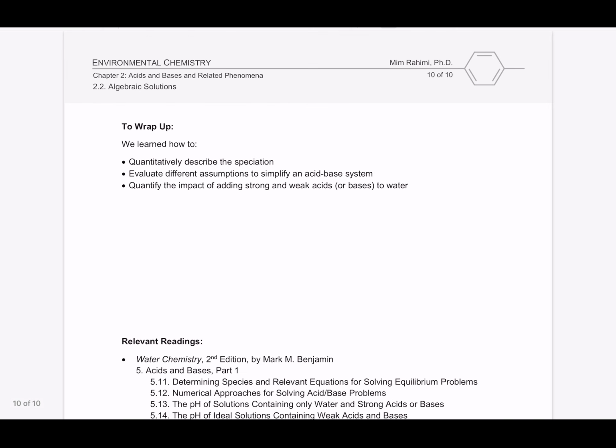To wrap up what we talked about, I think it was pretty straightforward in terms of the logic we pursue. We talked about N species. We practiced how to define what potential species we have based on the reactions, based on the acid base that we might have in the system. Then we had N equations. And then we basically solved, using algebra, sometimes in combination with assumption.